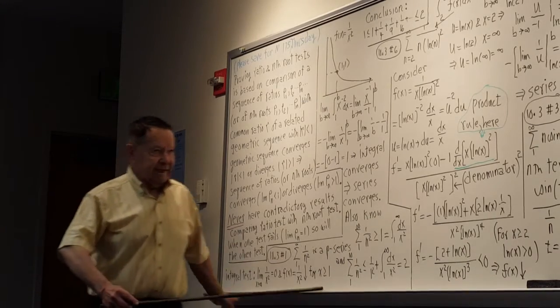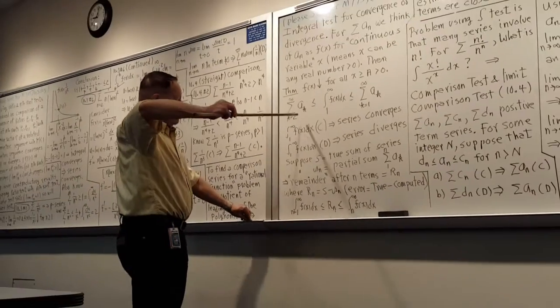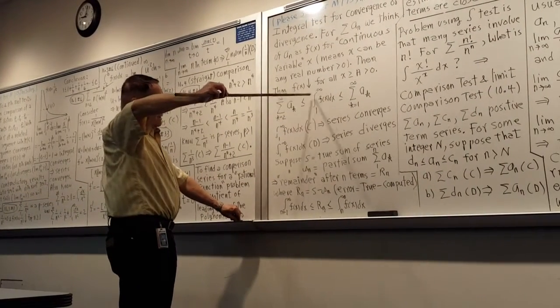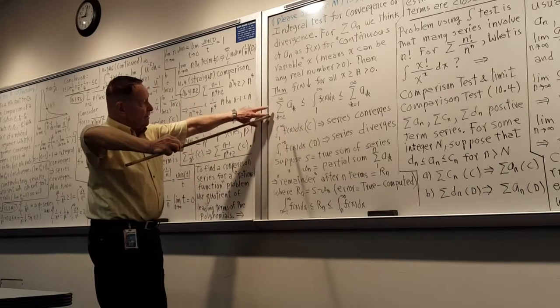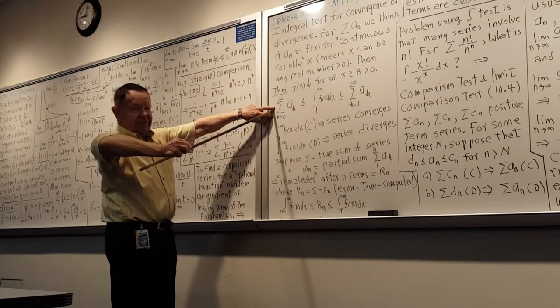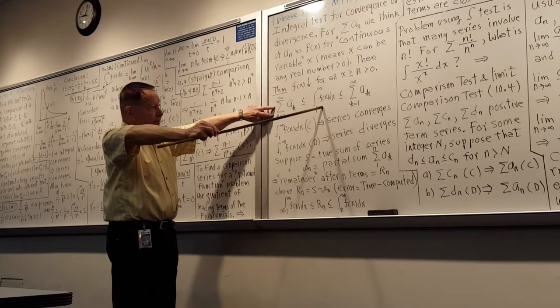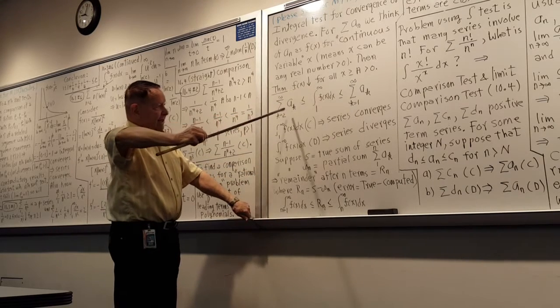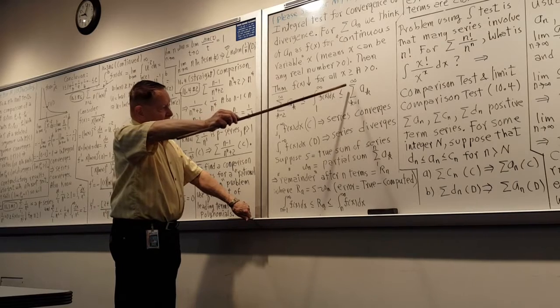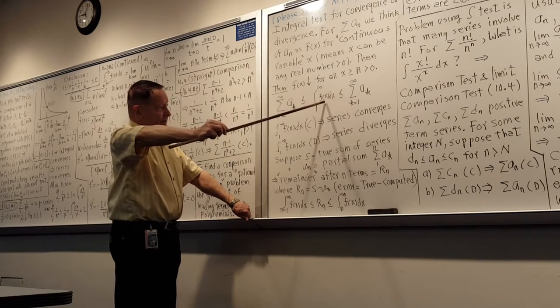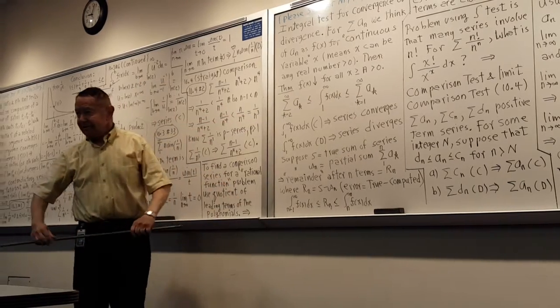Because, again, back here, what we have is that the sum of all but the first term of your series is less than or equal to your improper integral. And then if you add the first term on, the whole thing is greater than or equal to your improper integral.